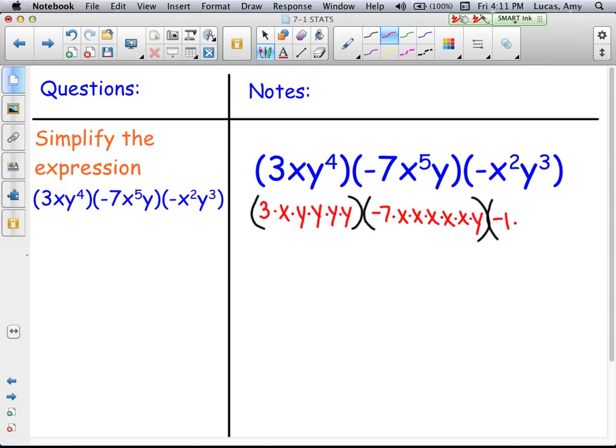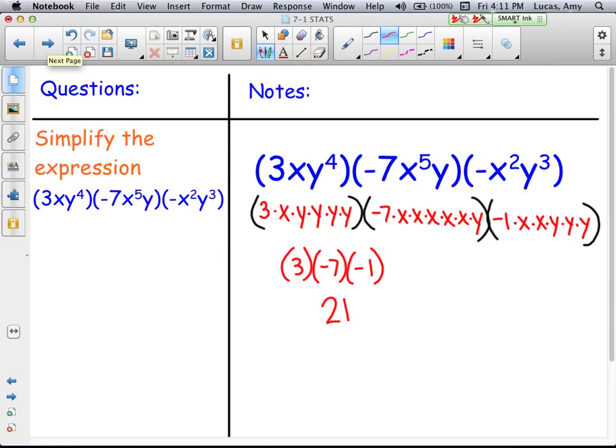And expanding the last one. Notice that on this last one, with the negative sign, that means the coefficient is -1. So now, if I multiply together my coefficients, I will get 21, positive 21.